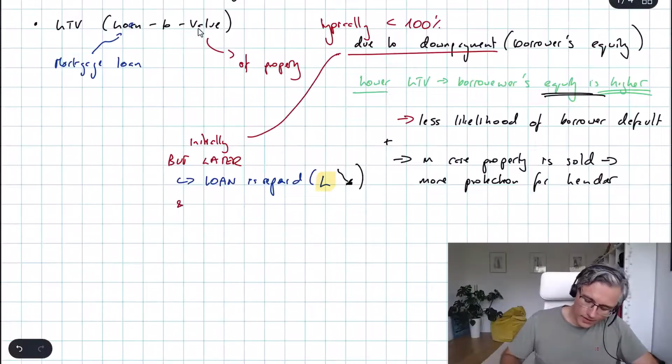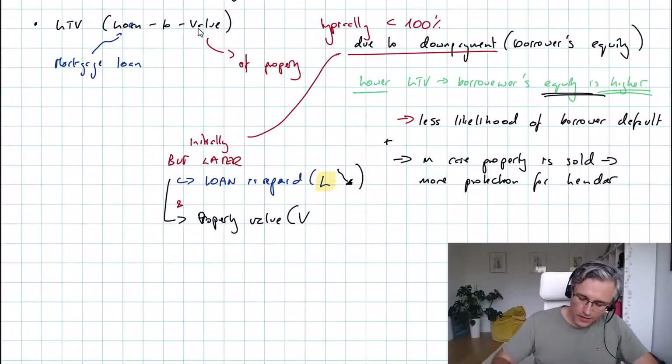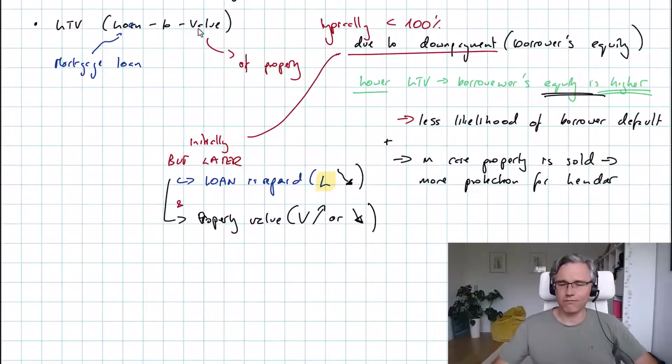And at the same time, things are happening to the property value. So property value, that's the V term, could be either going up or down.